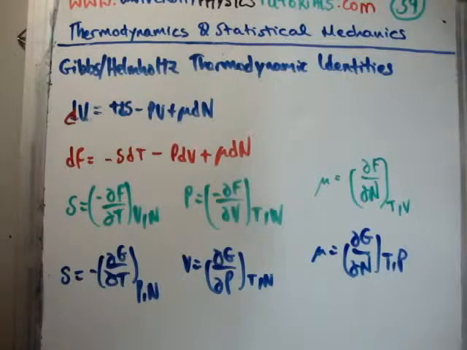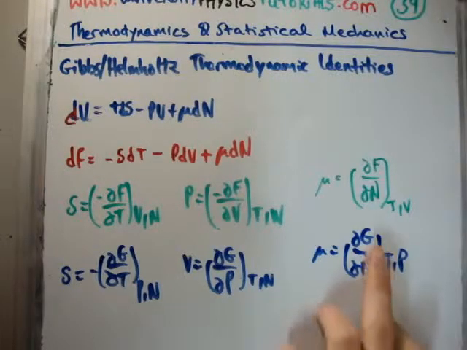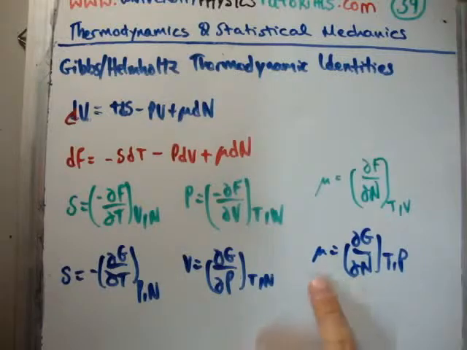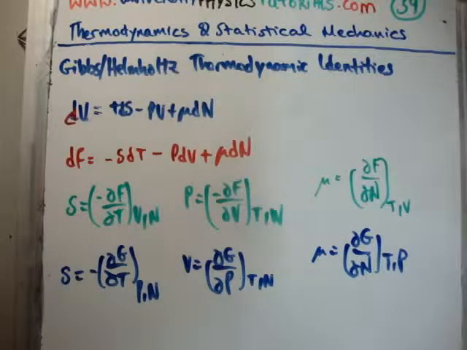In the lab, we're able to control temperature, definitely, and pressure, absolutely. We're able to make the two of those constant. I said in a previous video that to hold the pressure constant, you just don't put a lid on your apparatus. And by measuring the rate of change of the Gibbs free energy with the number of particles, you get the chemical potential.